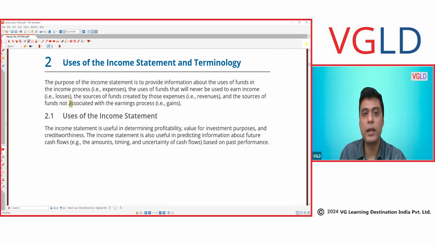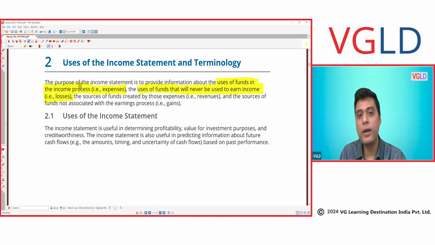Now see, very important line. Funds that you have used to generate income are your expenses. Funds that have been used but will never generate any income are your losses.